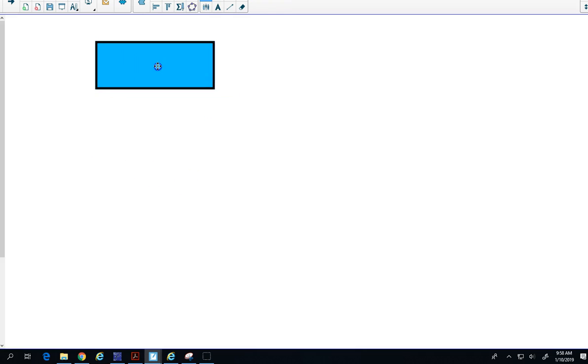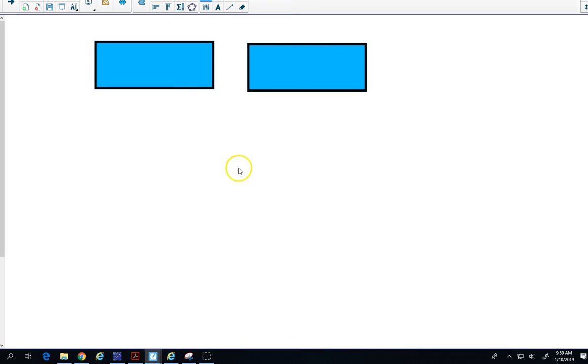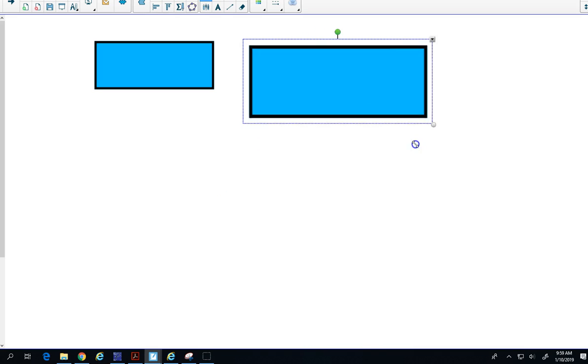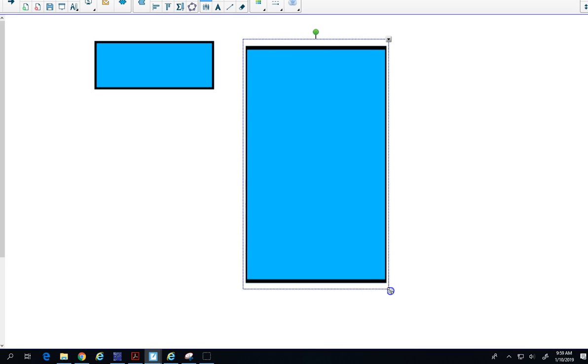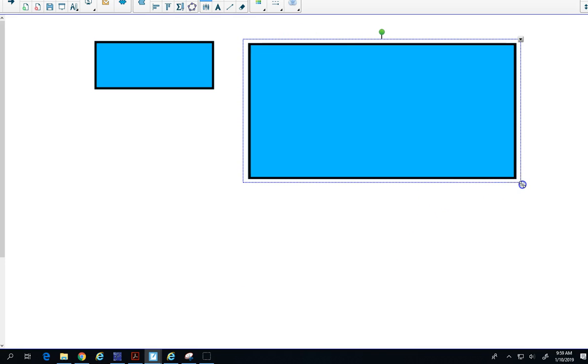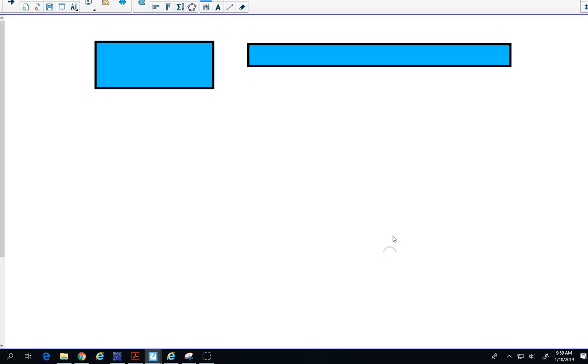Okay, so there's blue, and I'm going to clone it. These are now what? Congruent. Now what are they? Okay, so are those two similar? They're not. They're not similar. Why not? Viviana?